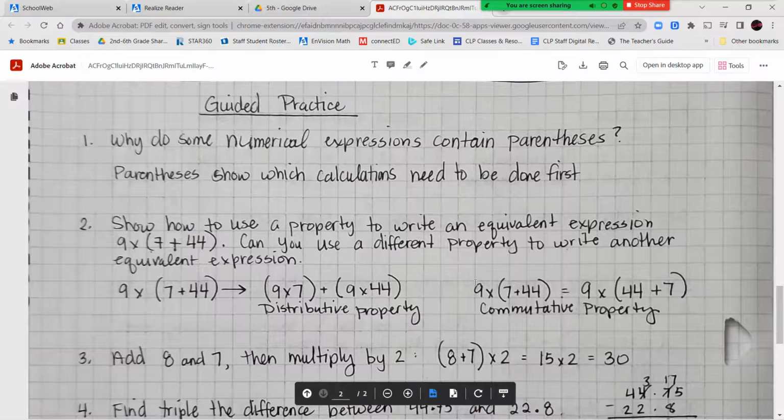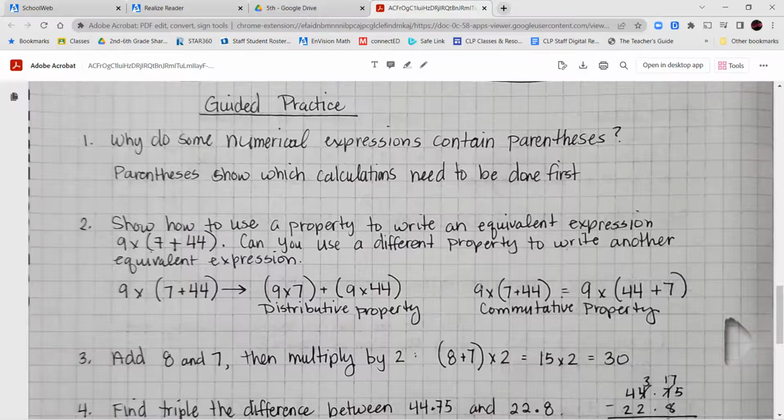I can also then apply the commutative property. So another equivalent equation, instead of doing 9 times 7 plus 44, I can do 9 times 44 plus 7. So I switched my addends inside the parentheses. So either one of those would give you an equivalent equation, and you would find an equivalent total or product.